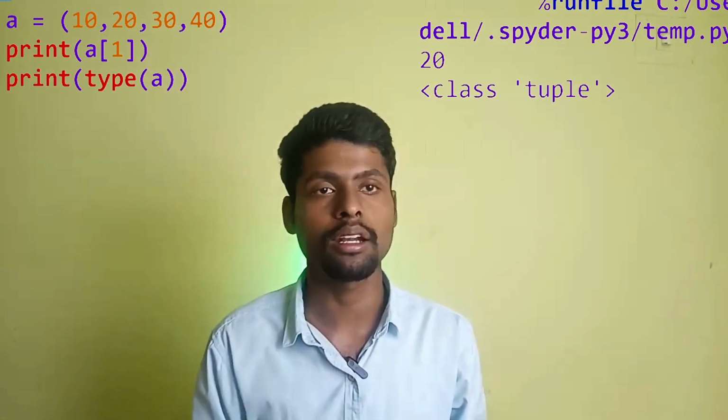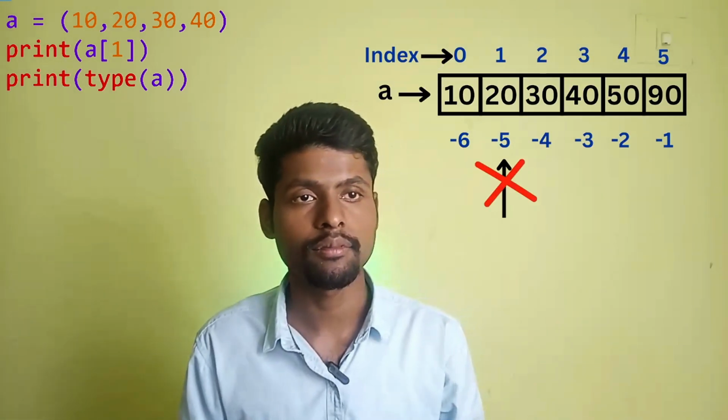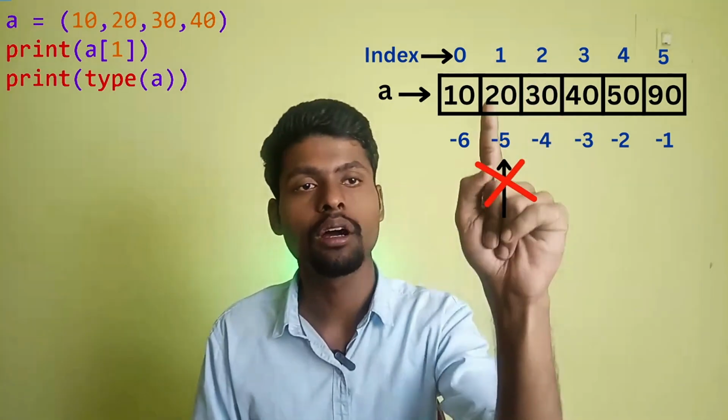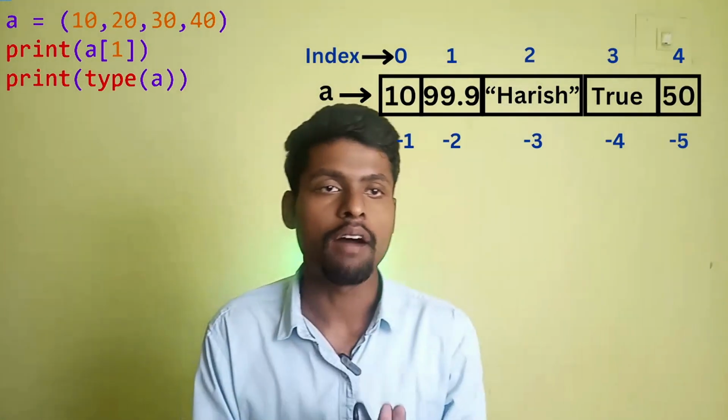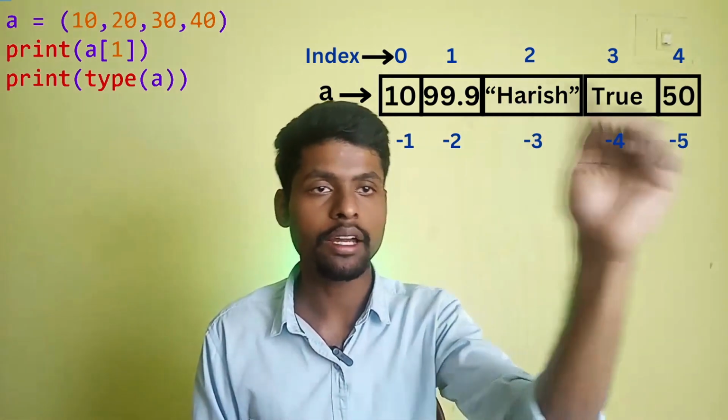Hope I'm clear. Next, we have a set data type, and the tuple is an immutable data type, so we can't remove any specific value from an existing tuple value. Our tuple data type supports heterogeneous data types.